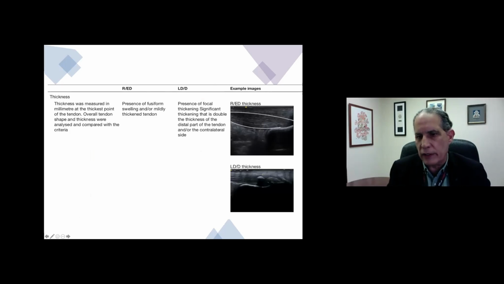There is already degeneration here, with fragmented echogenicity. And the point that the authors are trying to make is that when you do the ultrasound in these patients or athletes, you can actually grade the degree of pathology in the tendon. This is in terms of thickness.